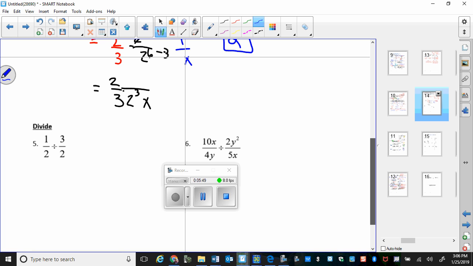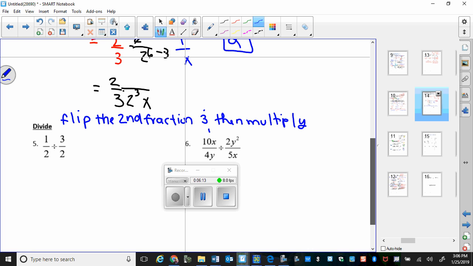All right? Now, what happens when we divide? You have to remember, you flip the second fraction, and then multiply. Okay? That's the rule. So if I have 1/2 divided by 3/2, I flip the fraction.